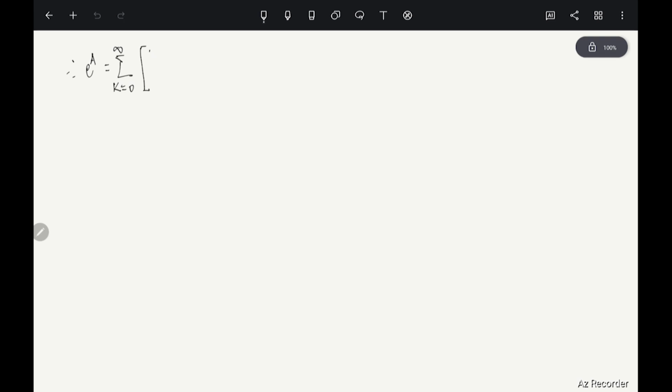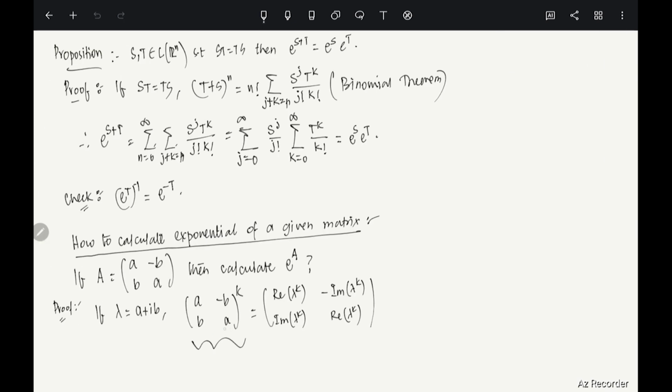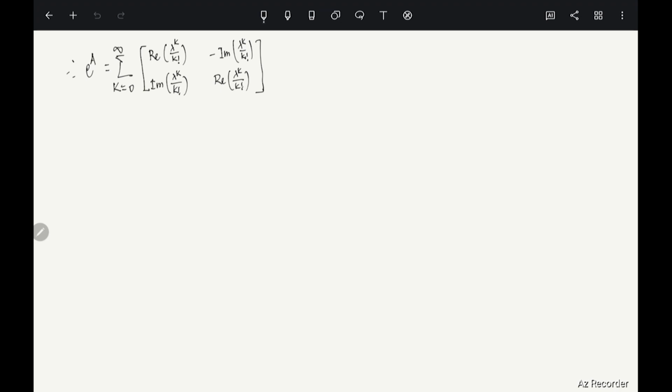So this is nothing but real part of lambda power k by k factorial minus imaginary part of lambda power k by k factorial, again imaginary part of lambda power k by k factorial and real part of lambda power k by k factorial. See, there is 1 by k factorial for the e power this thing. That's the definition which we use. So I'm just writing it like that. I hope this is clear.